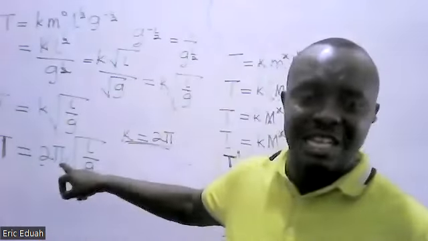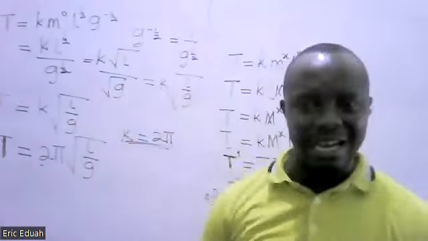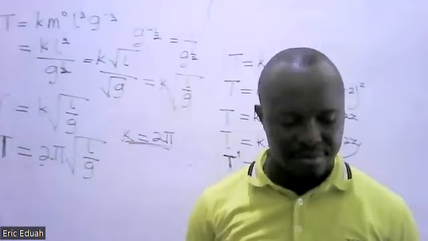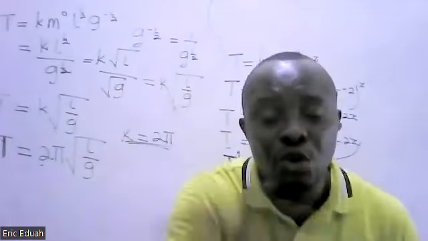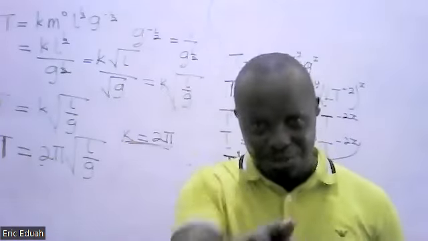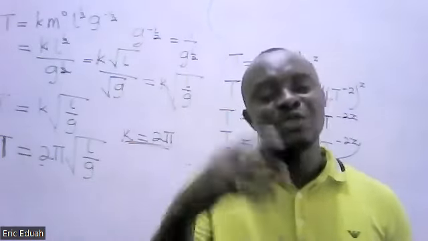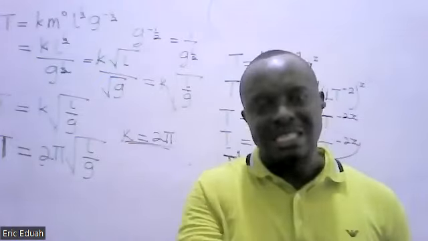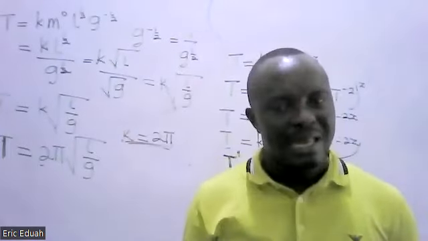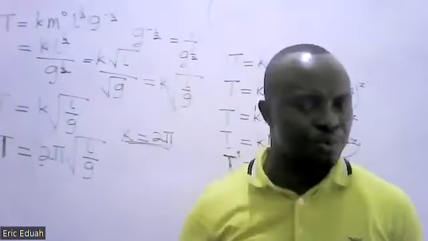So I know the constant of proportionality k is equal to 2 pi, and that's why I substituted it there. If we didn't know it, you won't be penalized if you don't bring 2 pi. Sometimes the best we can do is give you in the question that you take k to be equal to 2 pi, and with that, we expect you to substitute 2 pi for k at the end of the whole process.